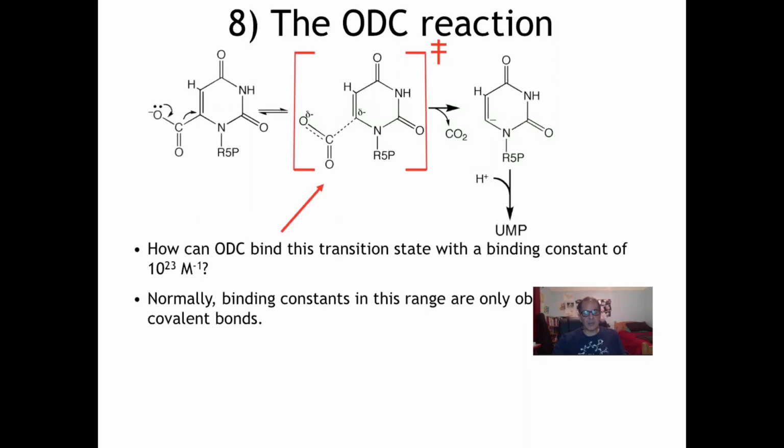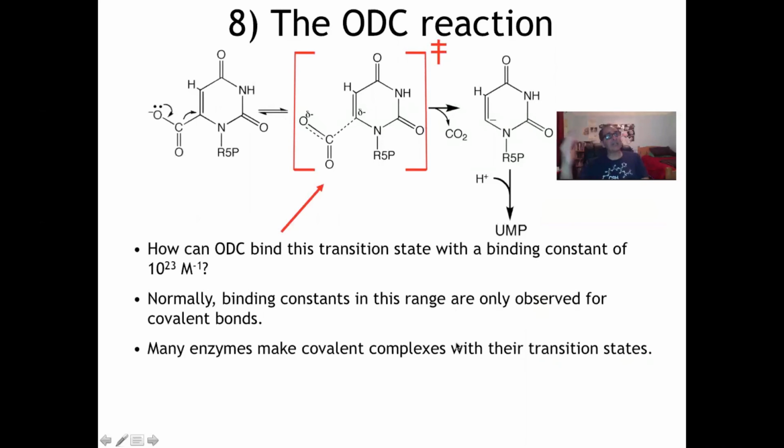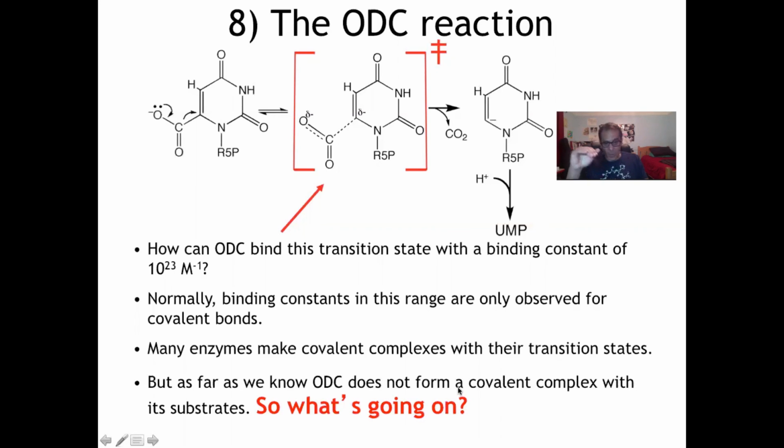Well, normally binding constants in this range are only observed for covalent bonds. Many enzymes, and I'm sure you learned about some of them in 153A, do make covalent complexes with their transition states. However, ODC, as far as we know, is not one of them. It does not form a covalent complex with its substrates. So what's going on?